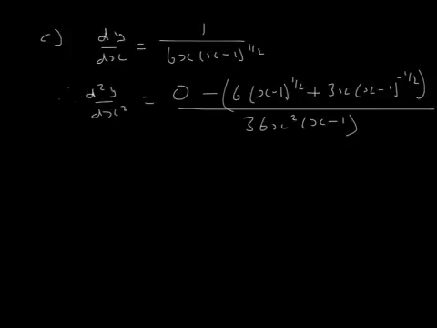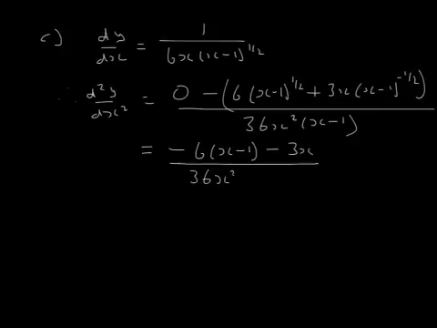Lots of ways to go from here, but quite a neat way is to multiply the top and bottom by x minus 1 to the half. So we get minus 6 times x minus 1 to the half times x minus 1 to the half, which is just x minus 1. Then we've got 3x, and remember we're multiplying top and bottom by x minus 1 to the half. X minus 1 to the half times x minus 1 to the minus a half, that's just 1. And if you multiply the top by x minus 1 to the half, you have to multiply the bottom by x minus 1 to the half. So let's tidy that up.